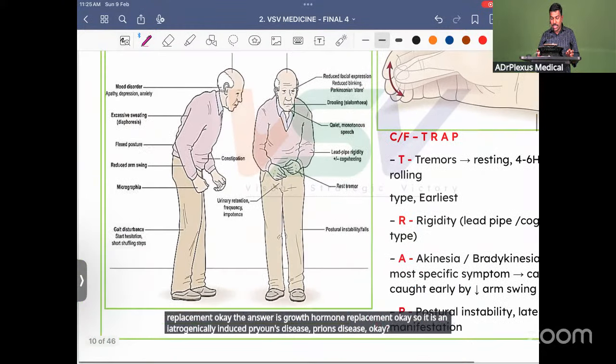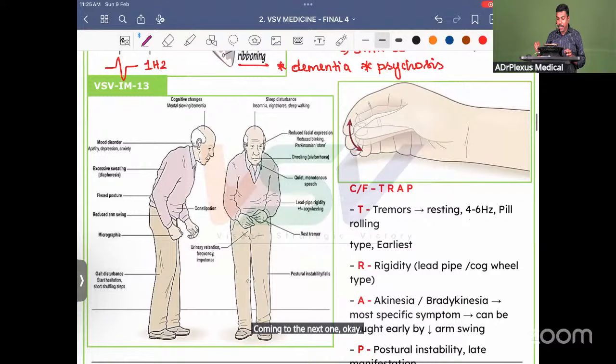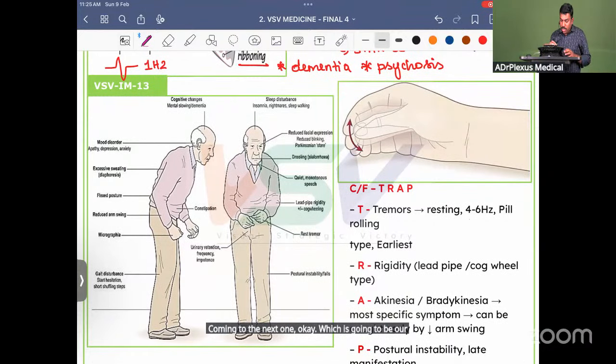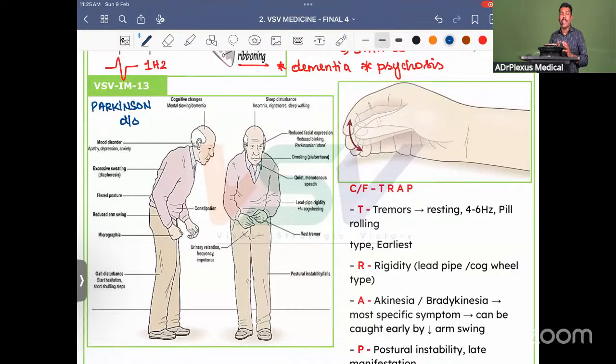Coming to the next one, which is going to be Parkinson disease. If you take the wider term, it is Parkinsonism, and Parkinson's disease is idiopathic Parkinsonism.